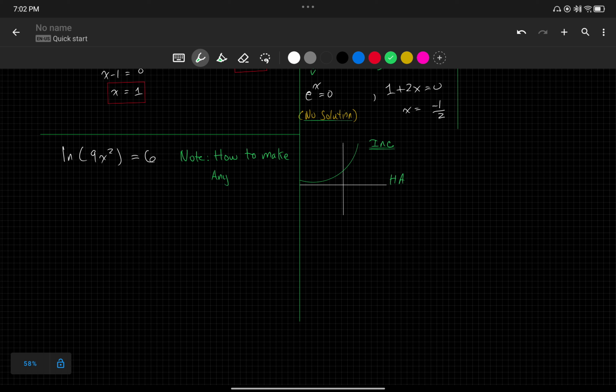This trick works for any log. And the answer is exponential form.